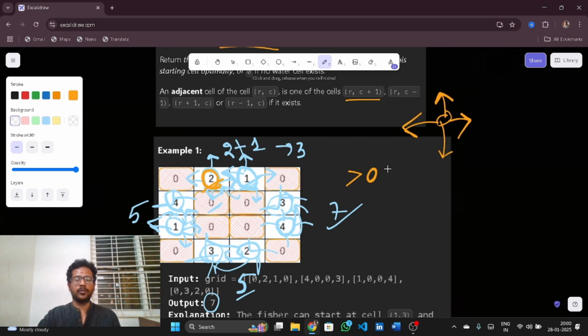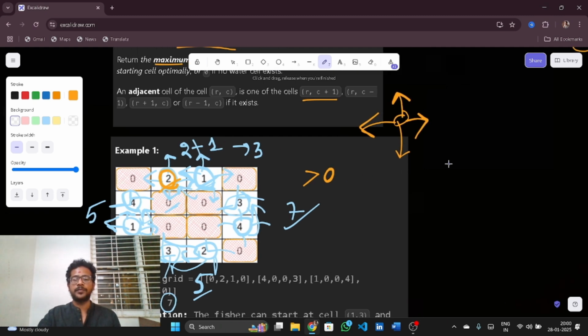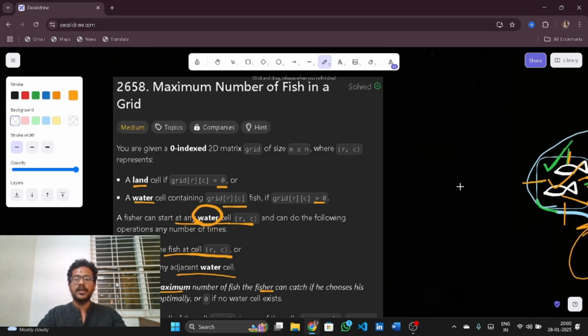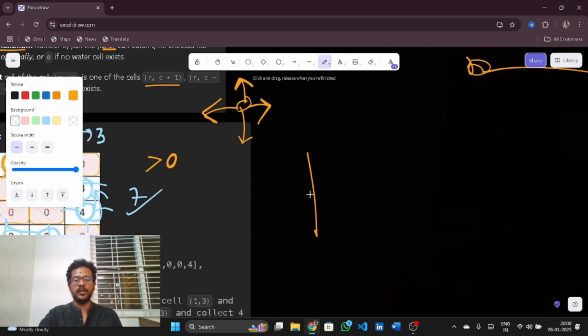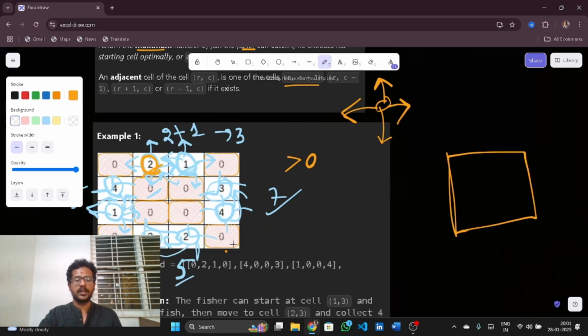My algorithm will go through every cell, and the first thing I do is mark it visited. I will be using a visited matrix which will be of the same size as the grid. Initially everything will be initialized to false.